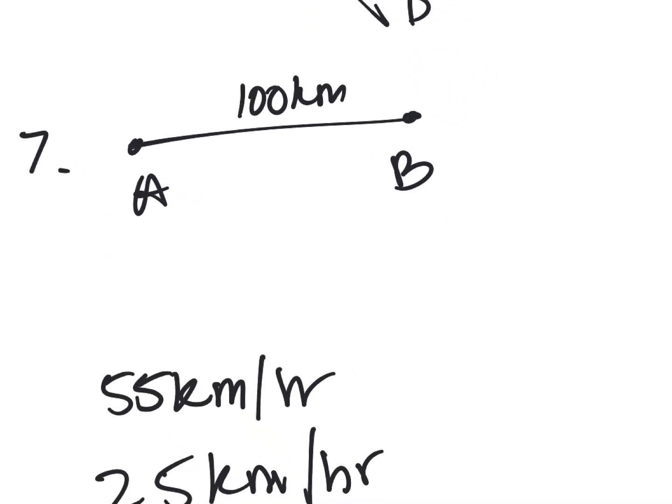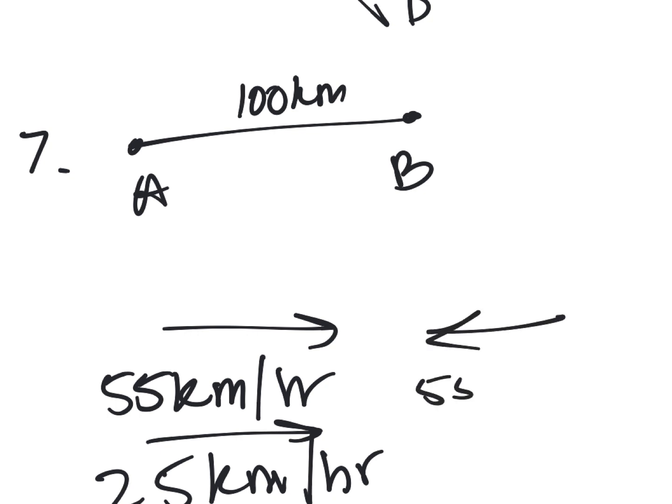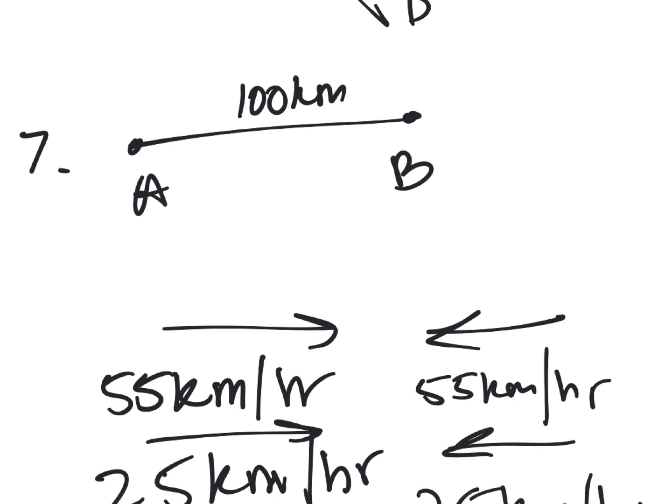We're going back at 55 kilometers an hour for half of the way, and the other half we're going 25 kilometers an hour. So they are traveling the same amount of time on both trips.